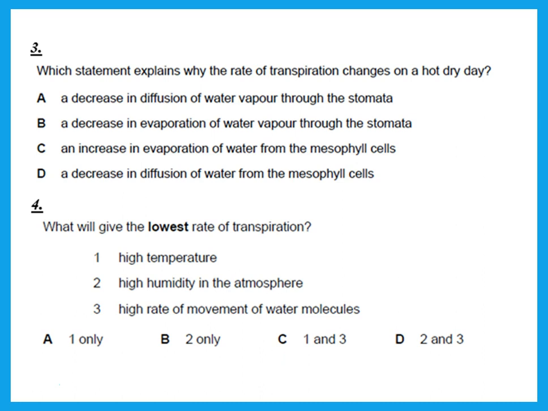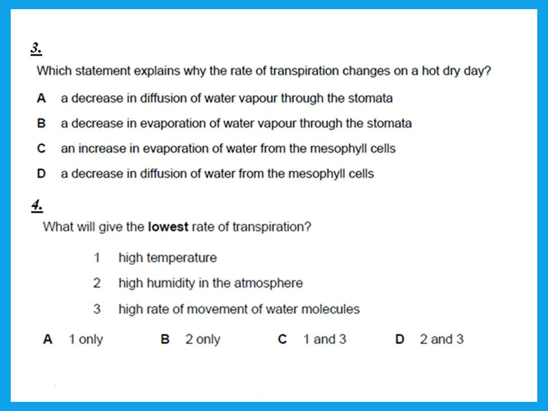Which statement explains why the rate of transpiration changes on a hot, dry day? Remember, we said if it is hot, high temperature, what will happen? We will have increase in evaporation. If we have a dry day, we will have increase in diffusion.